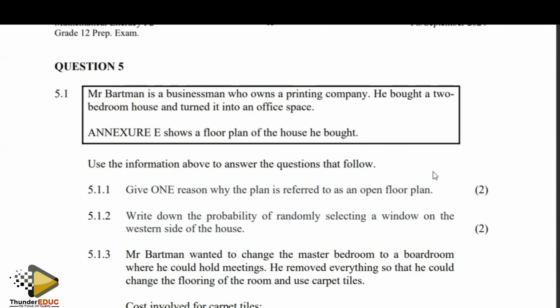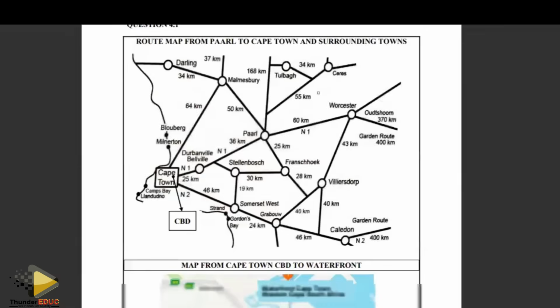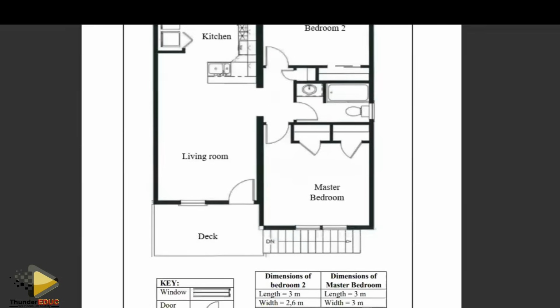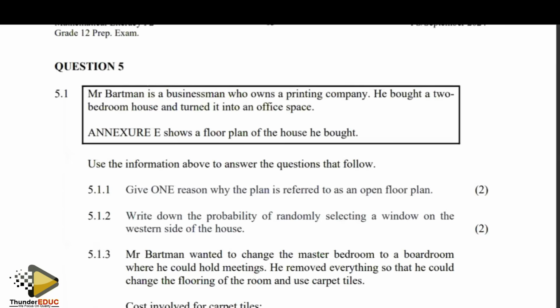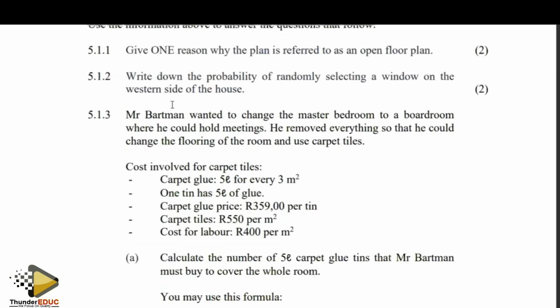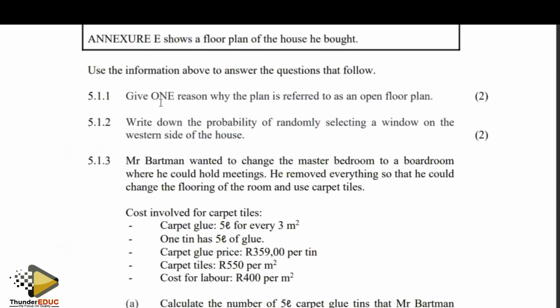Question number 5. Mr. Batman is a businessman who owns a printing company. He bought a 2-bedroom house and turned it into an office. Annexure E shows the floor plan of the house he bought. So they're asking us, give one reason why the plan is referred to as an open plan.